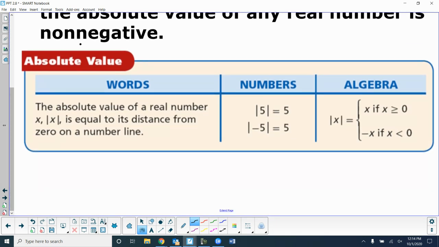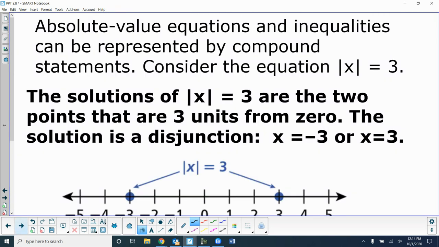Okay? So again, the absolute value of 5 is 5, the absolute value of negative 5 is 5. They're both 5 units from 0 on our number line. Absolute value equations and inequalities can be represented by compound statements. So our first equation is the absolute value of x equals 3. The solutions of this are 2 points that are 3 units from 0.